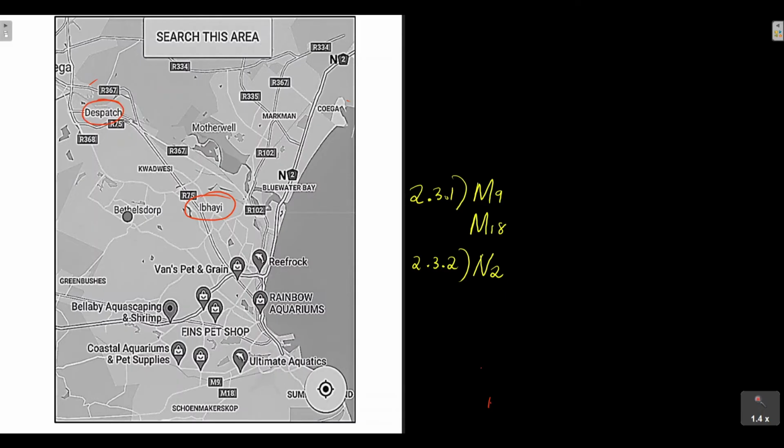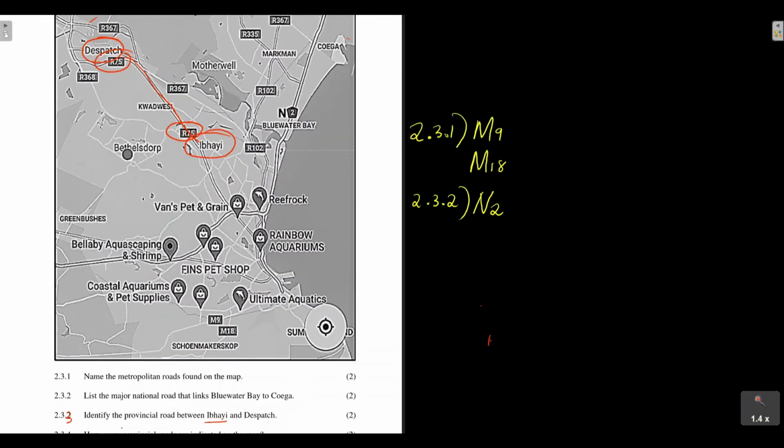So what is the road that is between these two areas? Do you see that it's R75? Therefore, the road that is between Ipai and Dispatch is R75.